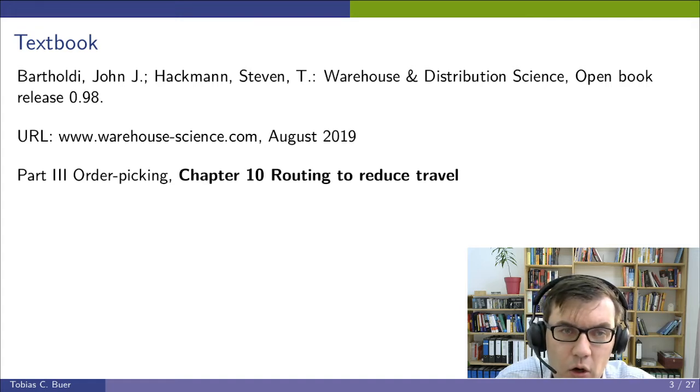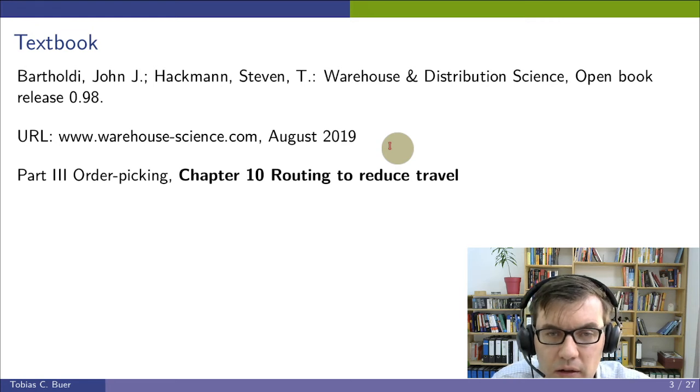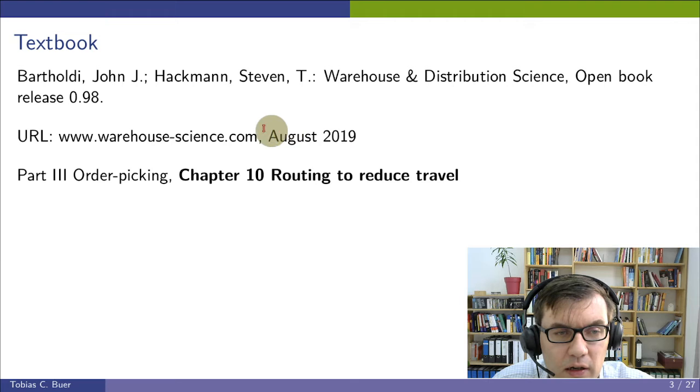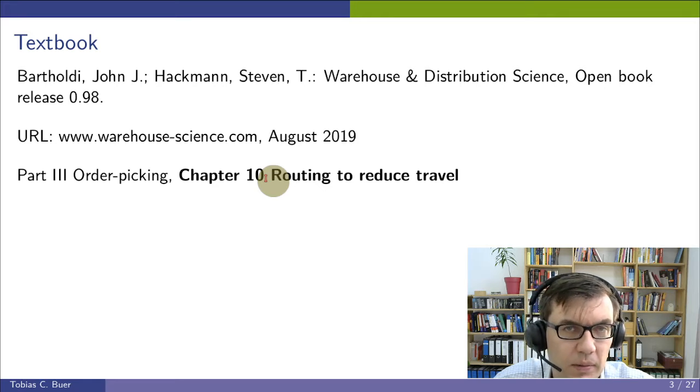This is an open textbook that is available under the web link www.warehouse-science.com, and this means it is for free. Today's session we cover part 3 of the textbook, order picking, and we look into chapter 10, routing approaches to order picking.